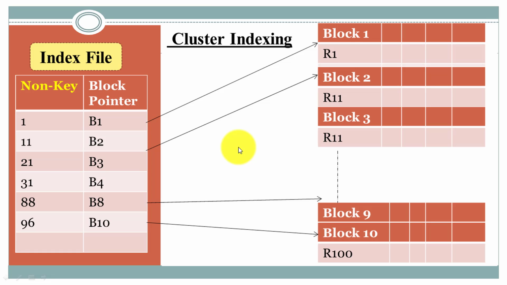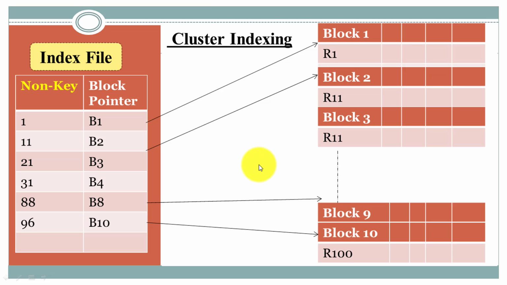In the case of cluster indexing, though the non-key attributes are repeated, like record 11, there is not an entry for every search key value. So that is an example of sparse index. Now what is meant by dense index?